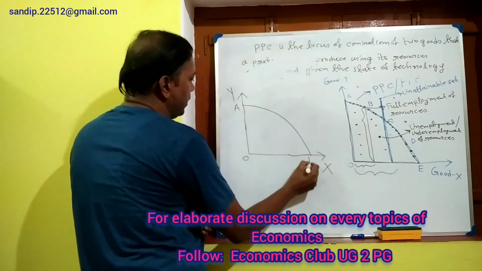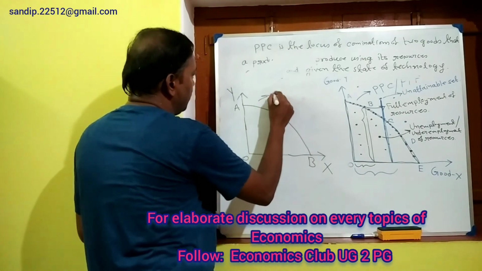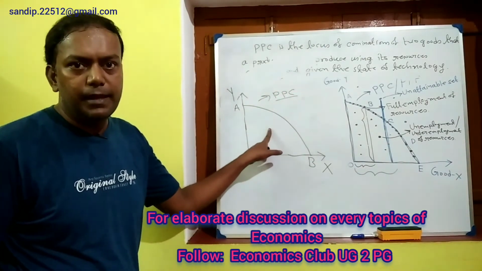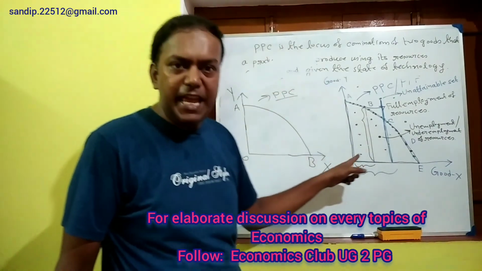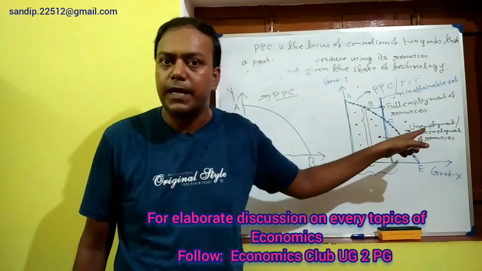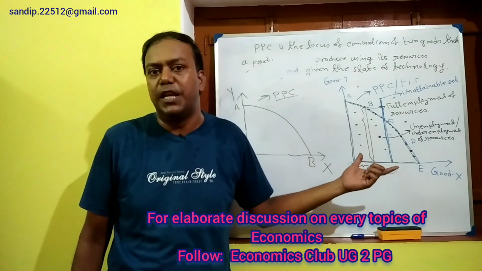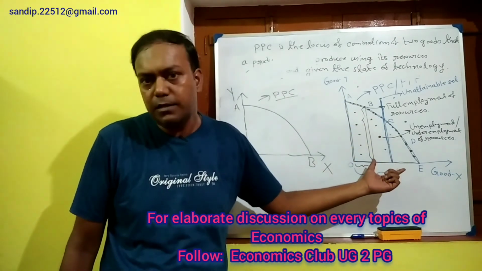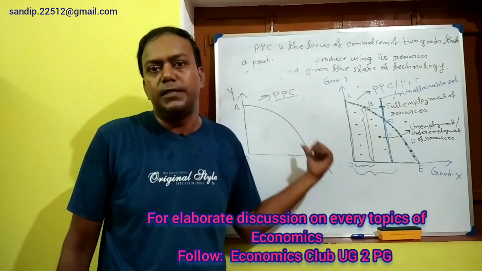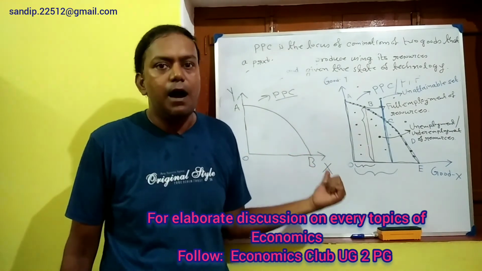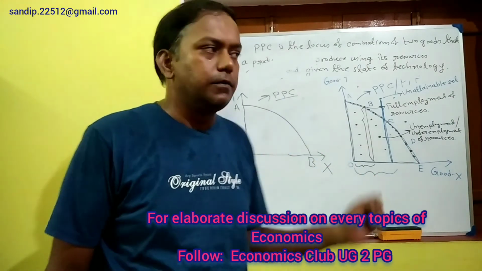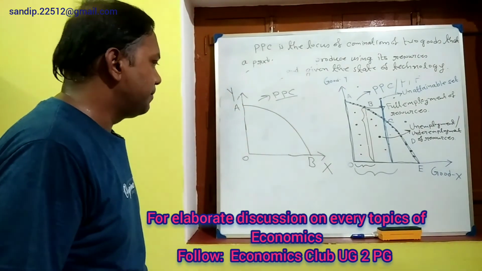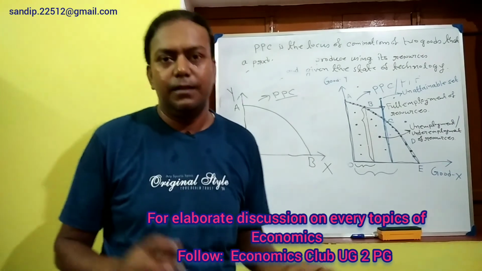This will be a smooth curve. So if there are infinite combinations of two goods instead of 5, then the PPC will be a smooth curve. In this way we can get the PPC.